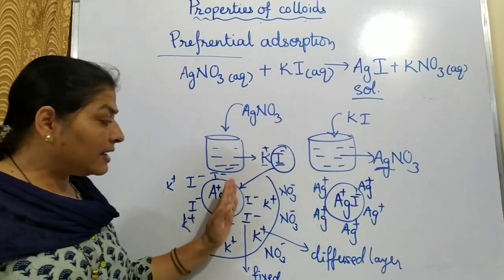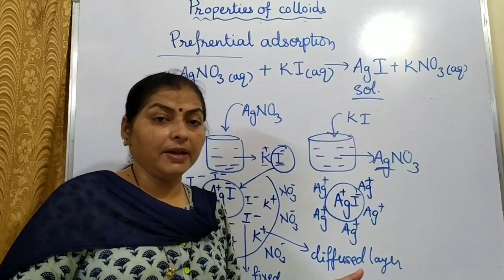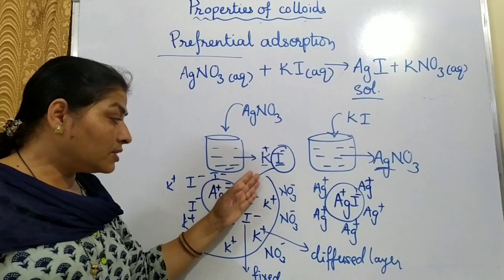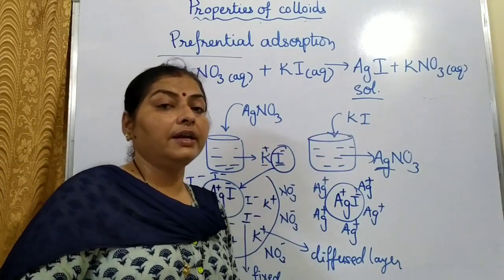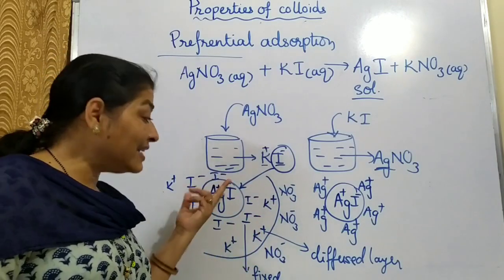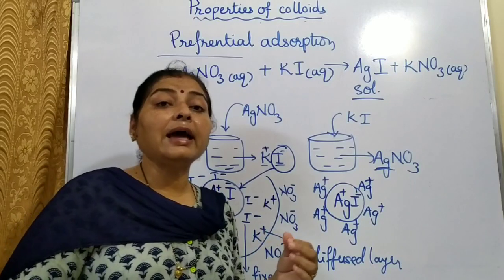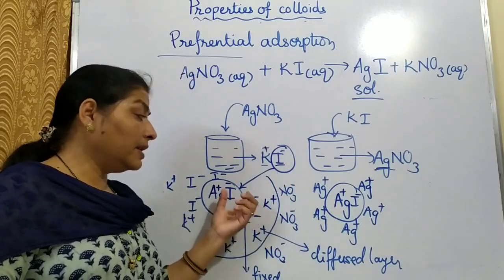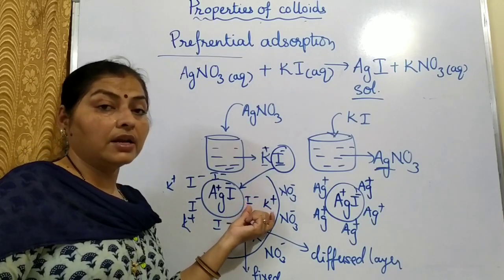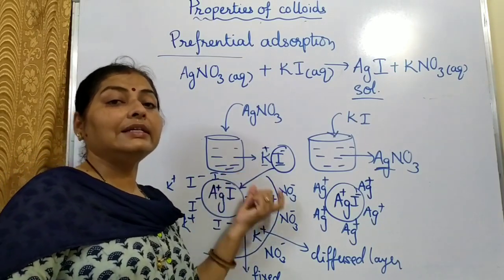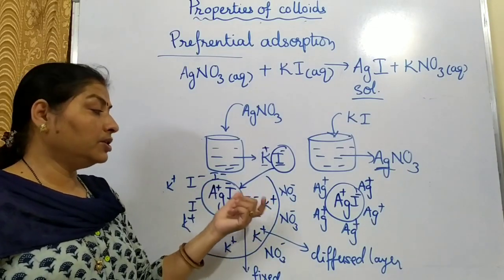Because of this charge separation at the surface, a potential is generated due to this electric double layer. This is also known as the Helmholtz electric double layer, and the potential is known as zeta potential, or electrokinetic potential.